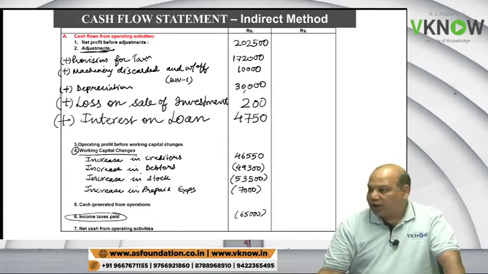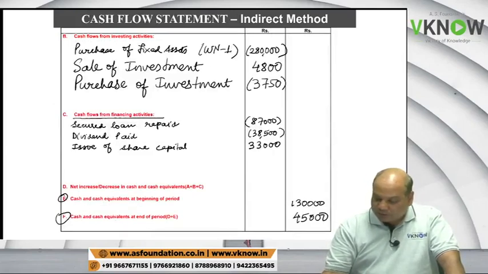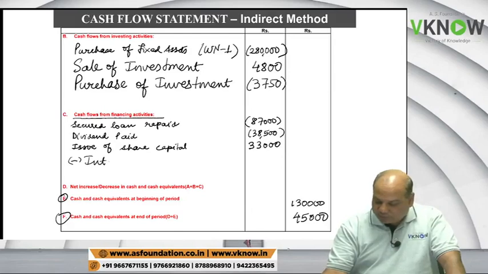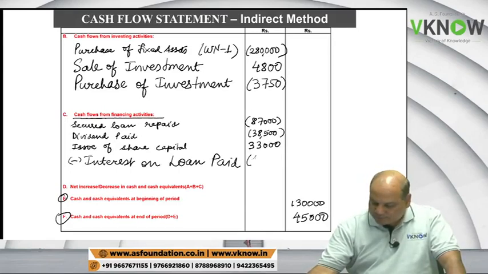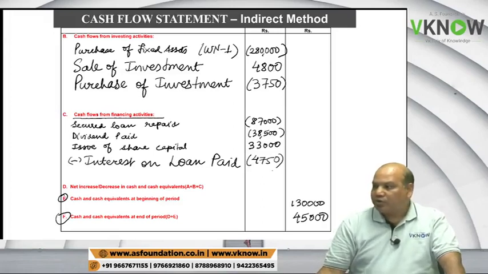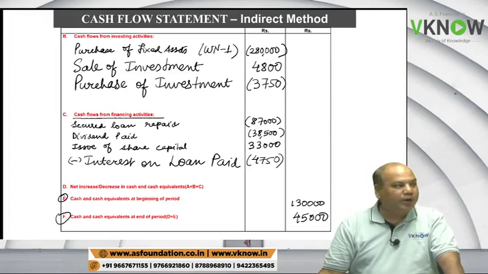Interest on loan is added in operating activity and deducted in financing activity: less interest on loan paid 4750.